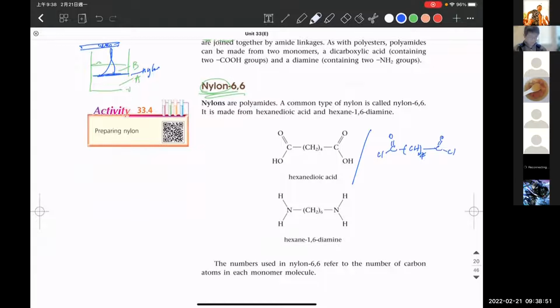What is meant by hexanedioyl chloride? It is a type of acid chloride. If you compare the reactivity, it is more reactive, this one.